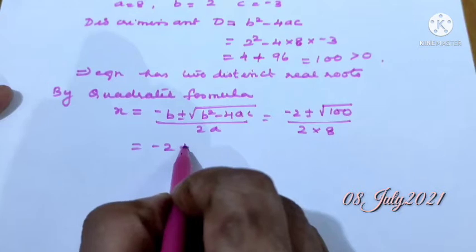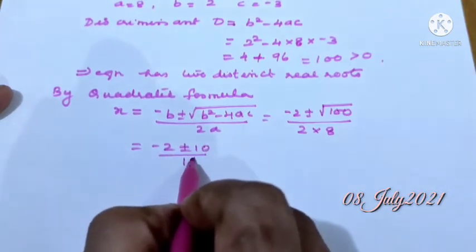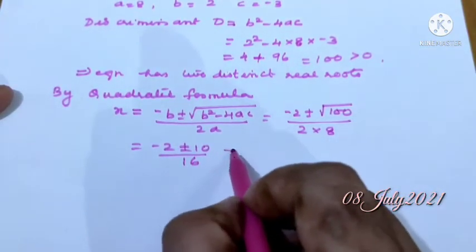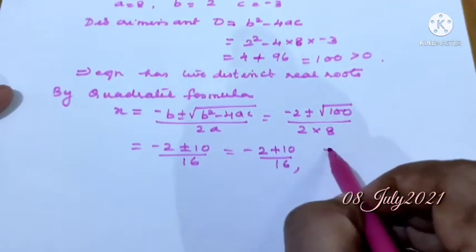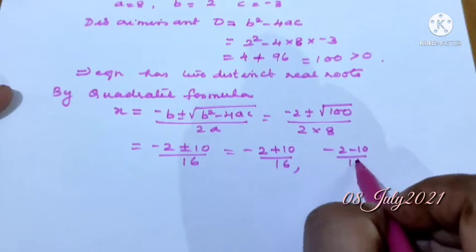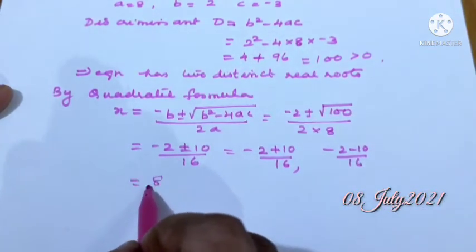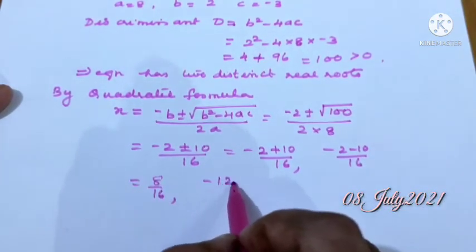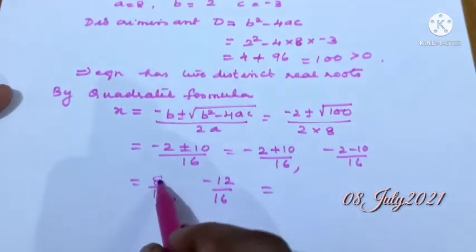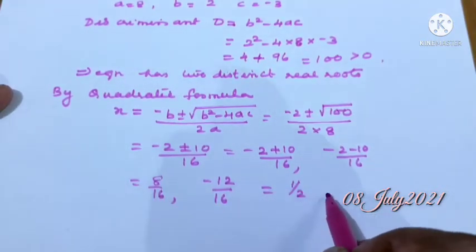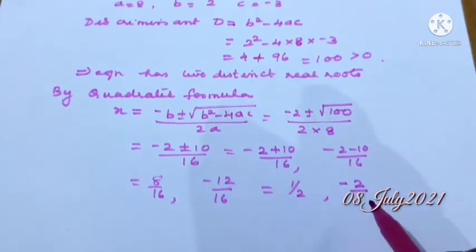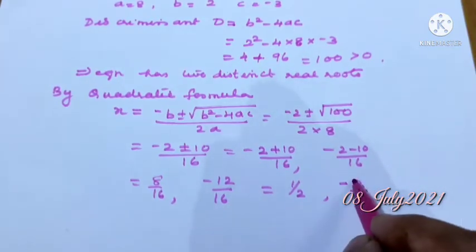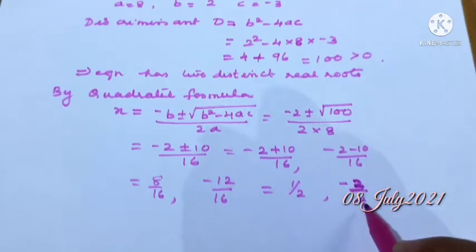So minus 2 plus or minus 10 divided by 16, it is equal to minus 2 plus 10 by 16 and minus 2 minus 10 by 16. So 8 by 16 and minus 12 by 16, which is equal to 1 by 2 and minus 3 by 4.